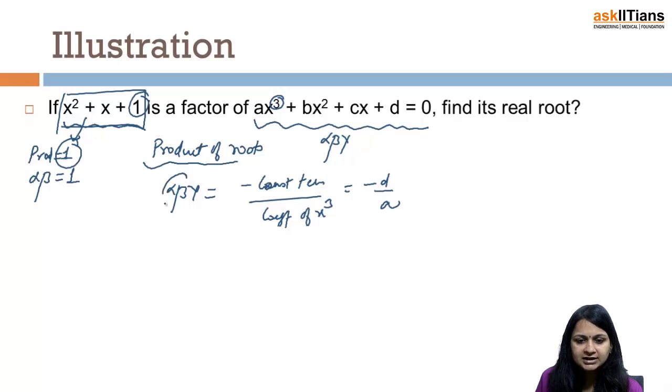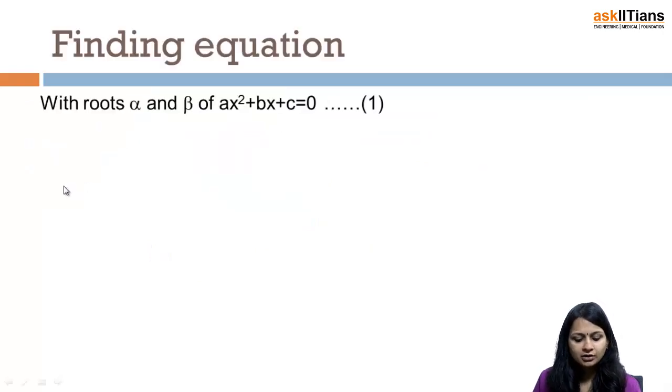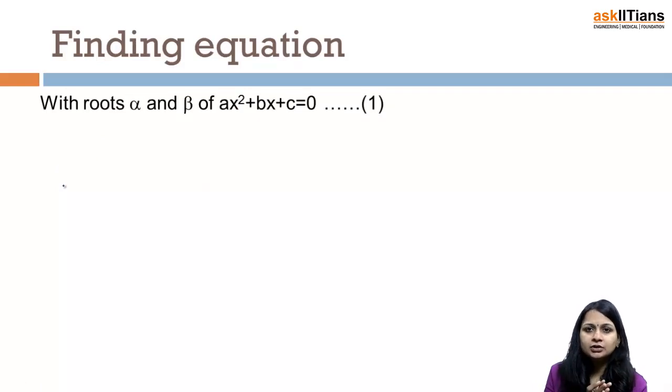I know that alpha beta is 1, so that means I have the real root equal to minus d upon a. So it is a very simple question, just on the basics of the product of roots we can solve it. So this was something where I know the roots of the equation and I have to find the equation.